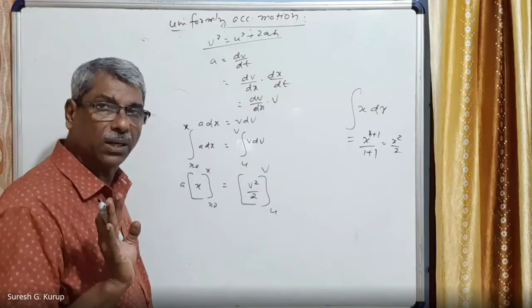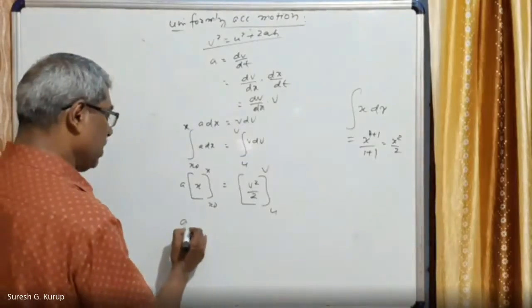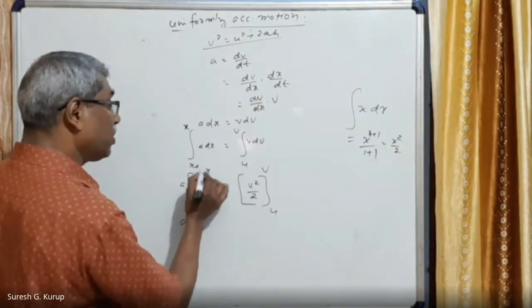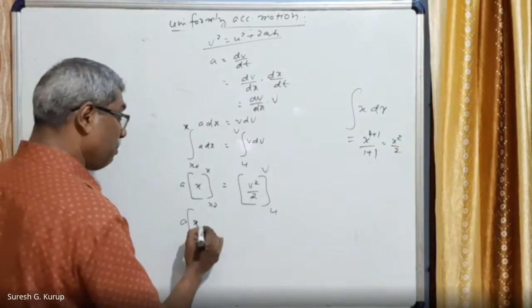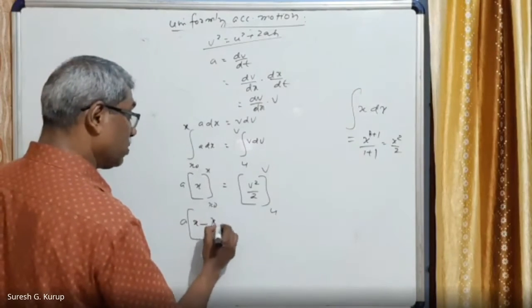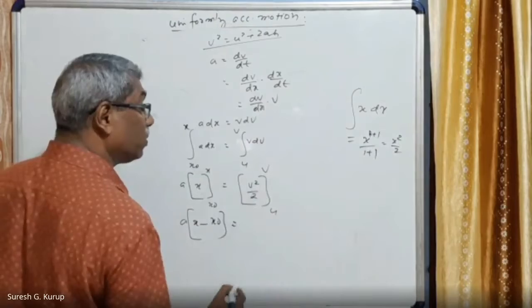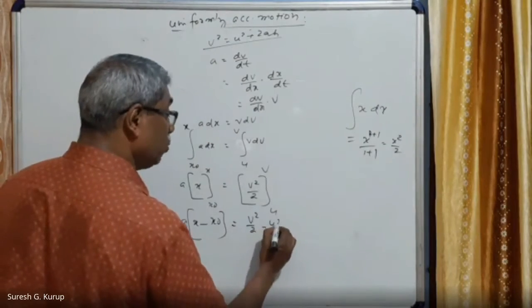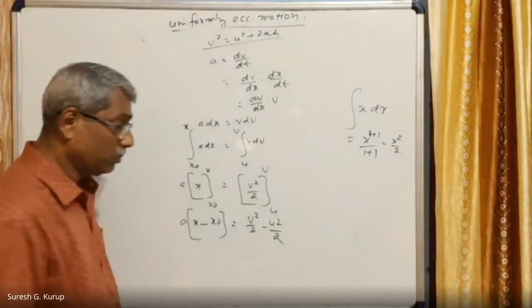So then apply the limits, you will get a into what? Upper limit means in place of x you put x first, minus in place of x you put x0. That is equal to v square by 2 minus u square by 2.